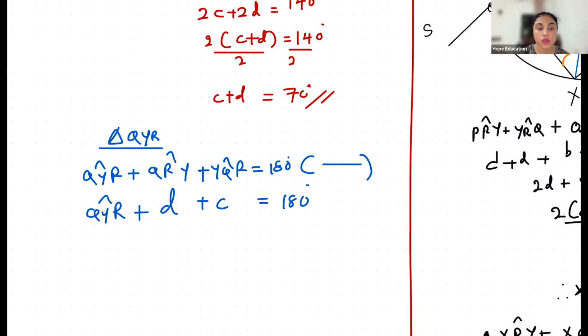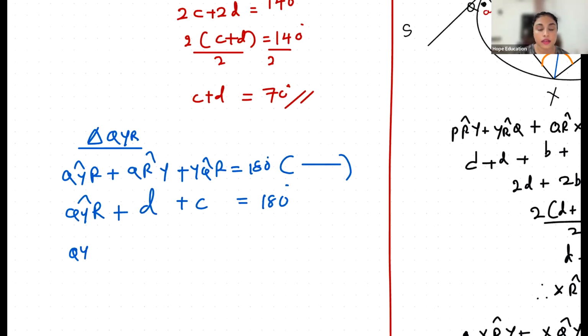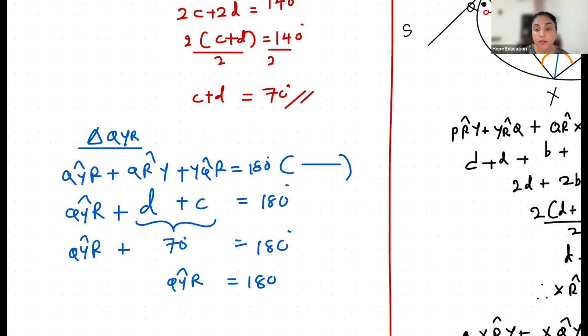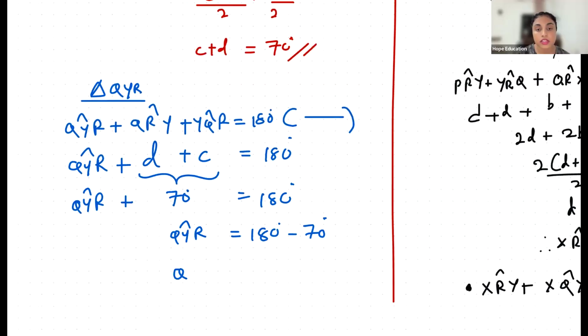Then you already know that when you add C plus D, it is 70 degrees. That is 180. QYR equals 180 minus 70. So 180 minus 70 is 110.